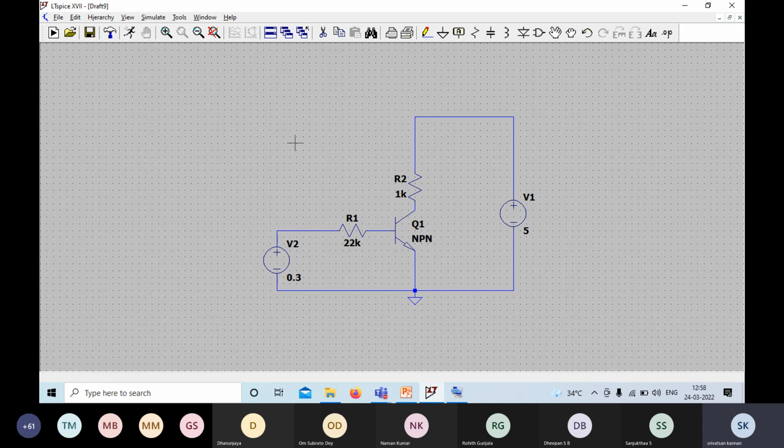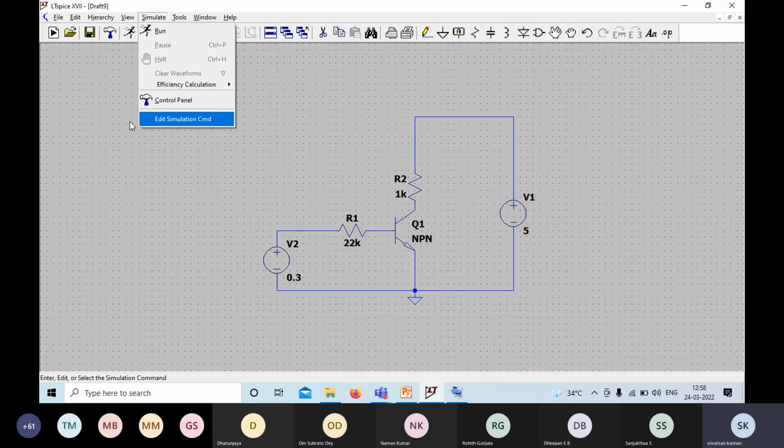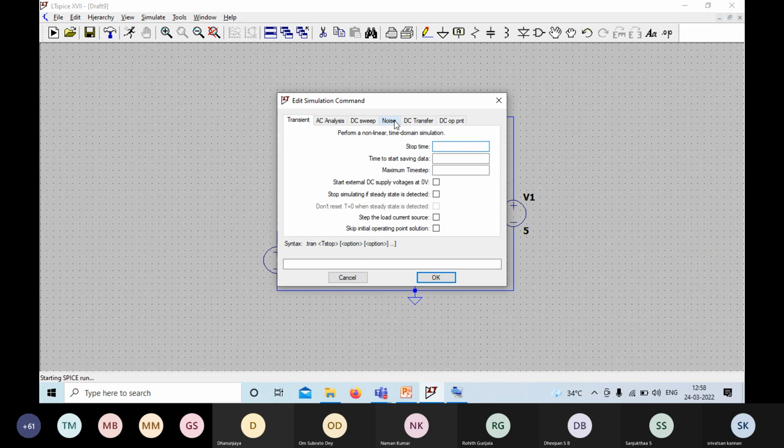So what is my output? The transistor acts as an open switch. So the output is the same as 5 volt. I will check the output. So edit, simulate, then simulate it.